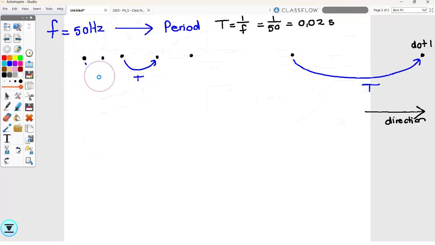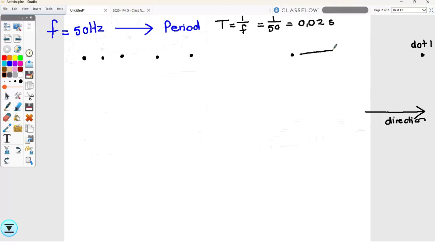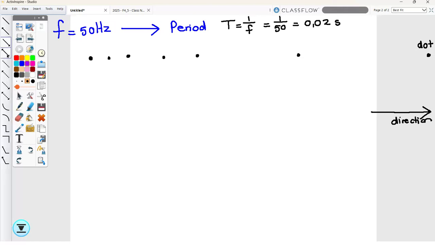Now look out. For the interval, they might just give you that as your interval. So if this is one of our intervals, from the first dot to the second dot, they could say, okay, I'm going to give you this distance here.